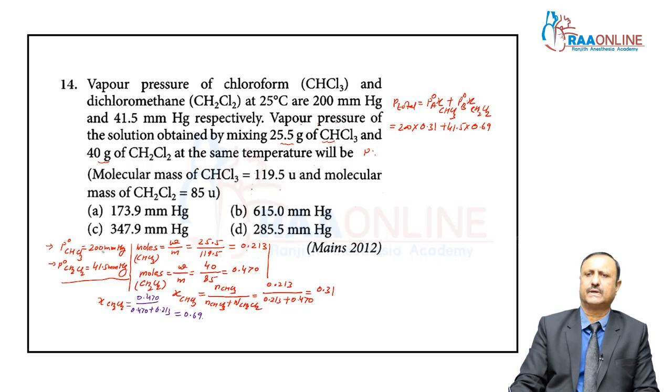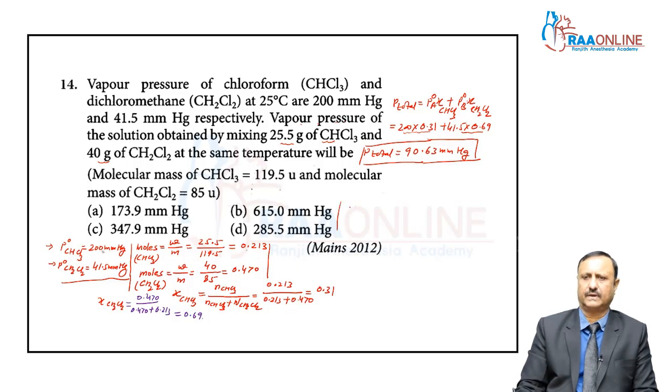So my dear students, you can calculate the P total when you multiply these values and add them. Now you get 90.63 millimeter mercury, and you can see this value is not given in your question, so the answer is none.